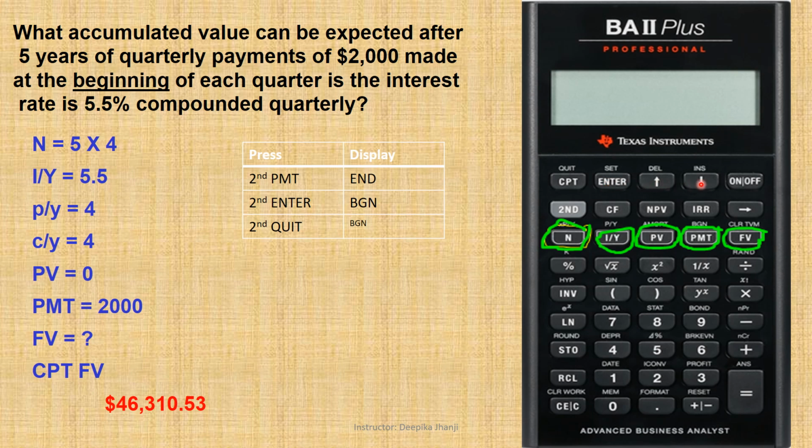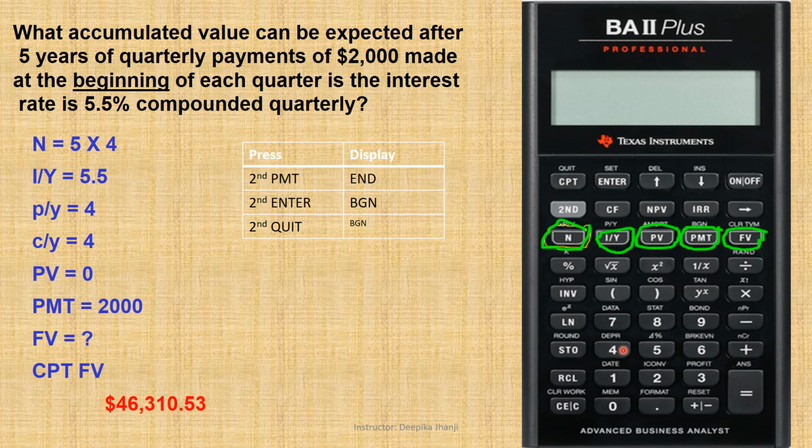Now you scroll down using the down arrow key. Your screen will display CY. By default, it takes value equal to PY. So make sure this is the right value. In this question, we want CY equal to 4. Now we'll quit, so Shift, quit.